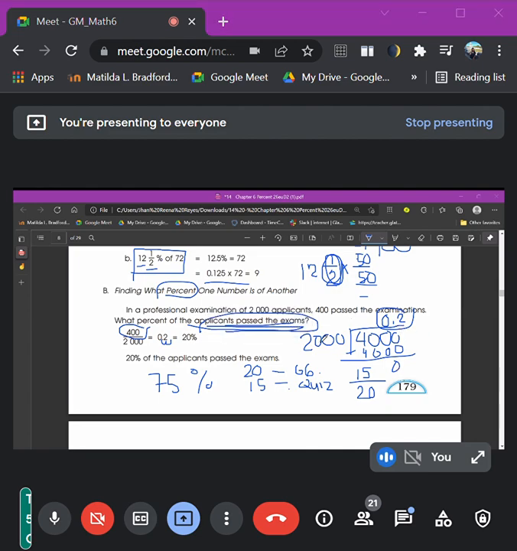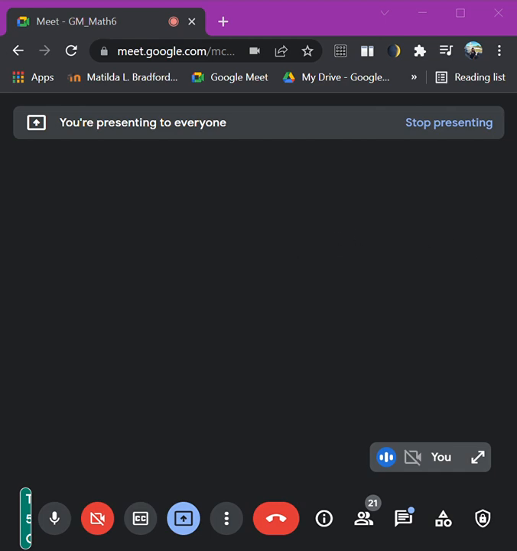Good strategy for finding what percent one number is of another number. Okay. Now, let's proceed with finding a number when a percent of it is known.